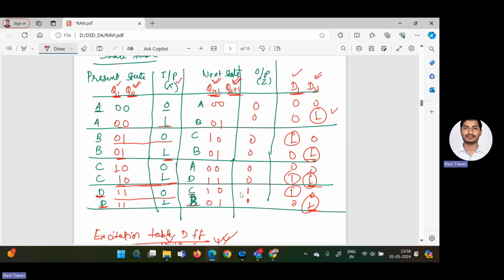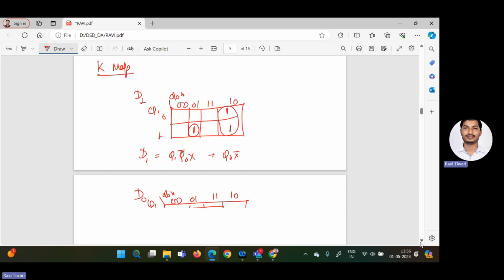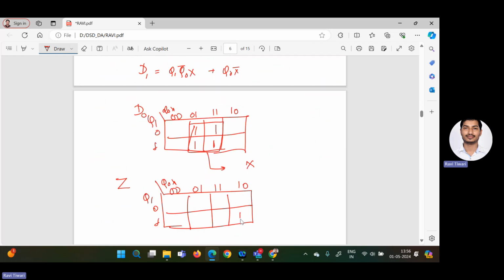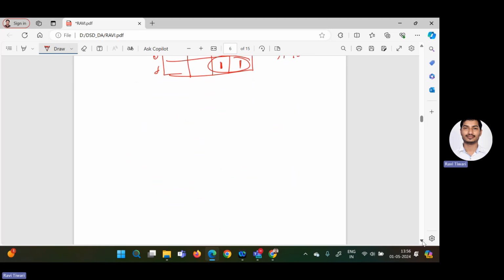So here it's 1 for these two conditions, 1, 1, 0 and 1, 1, 1. So now you see in the K map how I am filling it. It is 1, 1, 0 and this is 1, 1, 1. And we can make a pair like this. And the expression for Z will be equal to Q1 Q0. Right. So now we have all the expressions and we can go for the circuit designing.